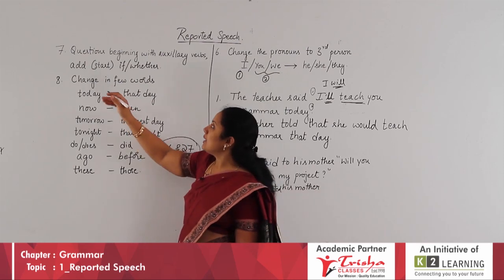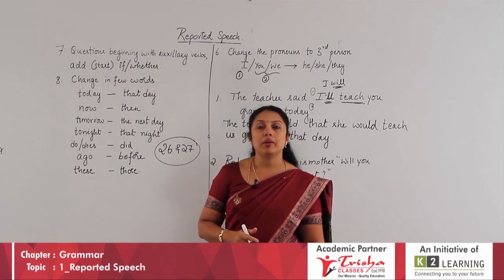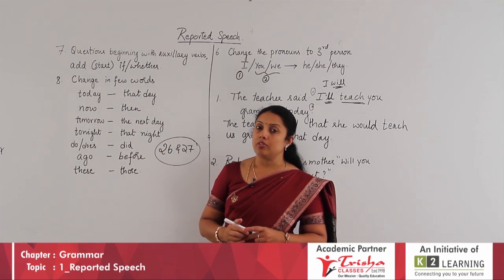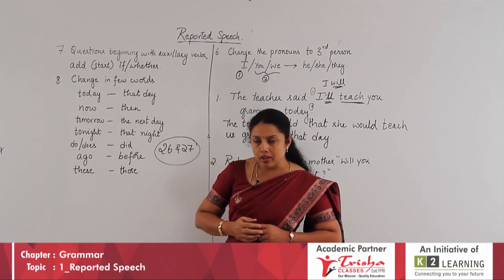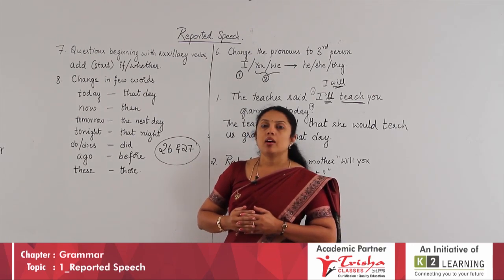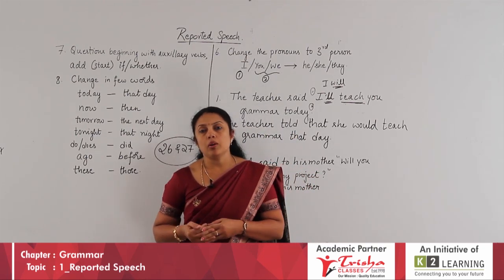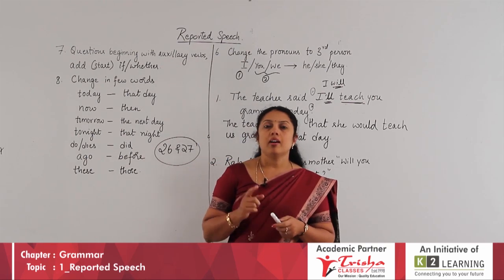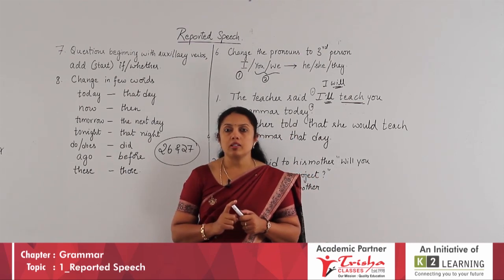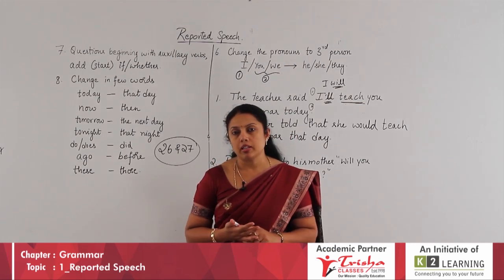The 7th point says, whenever you have a question that begins with an auxiliary verb, you remember there are certain auxiliary verbs. Auxiliary verbs are helping verbs, and in the helping verbs we have two different categories. We have the primary auxiliary and we have the modal auxiliary.